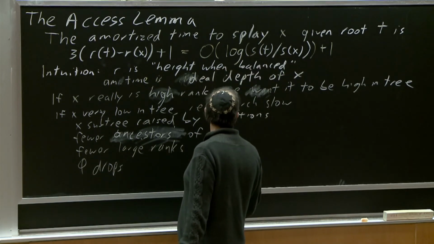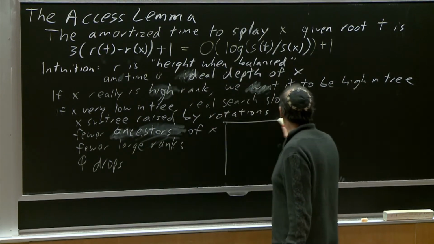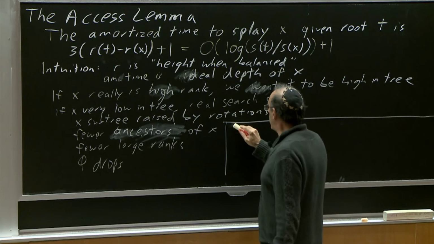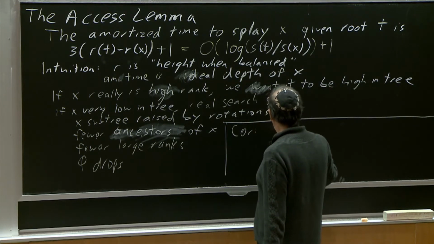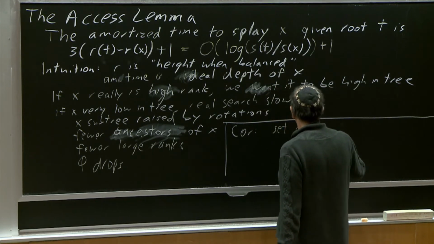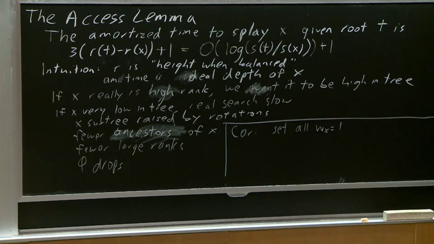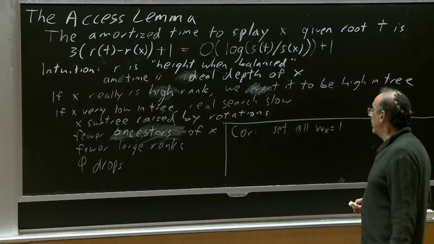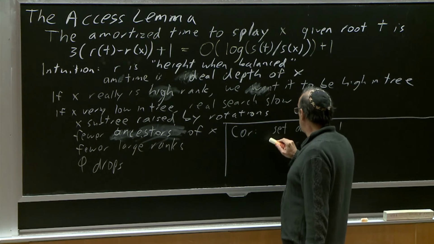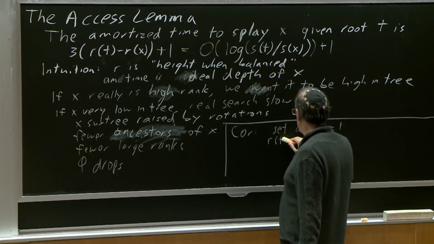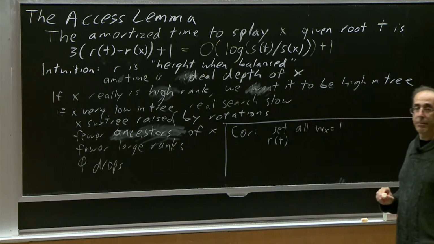Now, I will squeeze in, because it's very fast, an immediate corollary. Let's set all the wx to be equal to 1, as I said, the simplest case. If all the wx are equal to 1, then what is r of t?